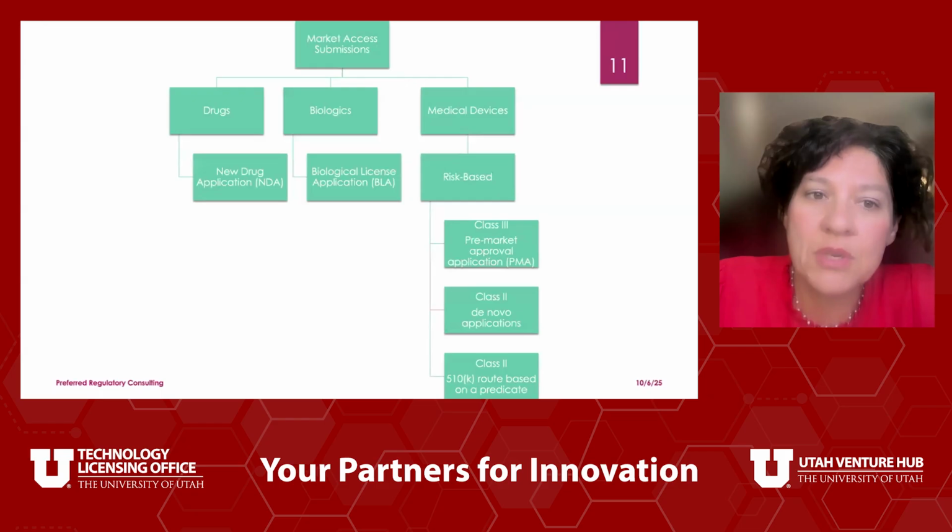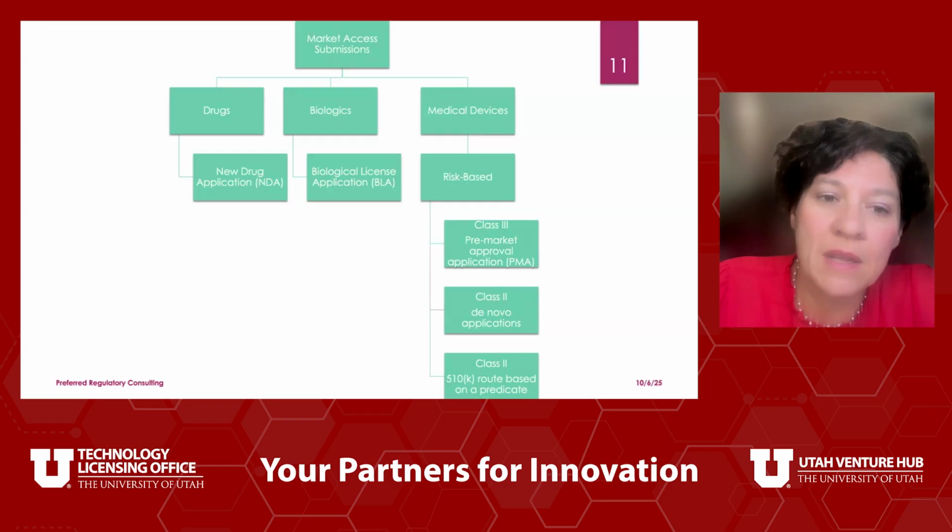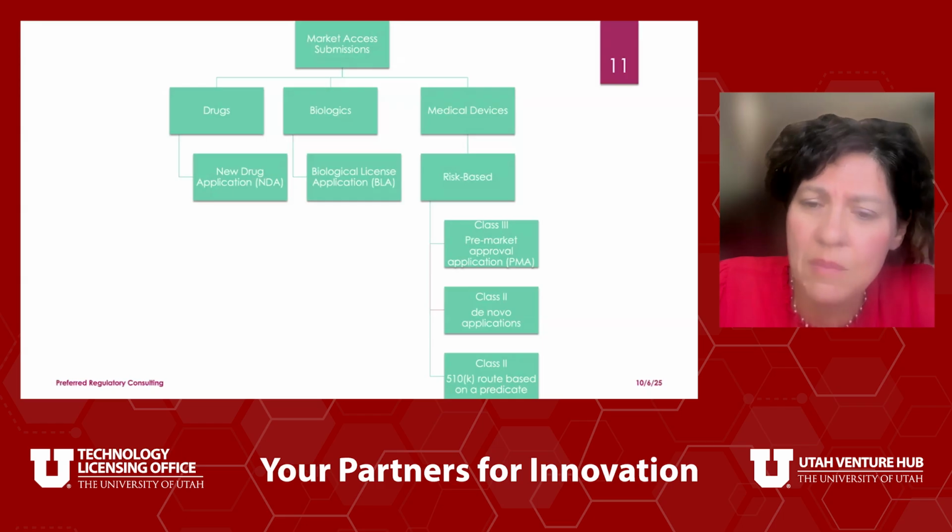Now, in terms of marketing submissions, again, for those two key product groups, we file what's called a new drug application for drugs, and a BLA, or a biologics license application, for biologics. And then once you get to medical devices, it becomes a little more complex, in that medical device submissions for marketing are risk-based. So the highest class from a risk perspective is class 3, for which we file premarket approval applications, or PMAs. For class 2 devices, there are two types of applications.